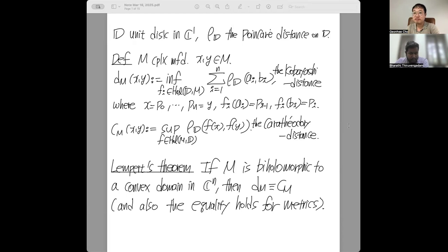I have the work on Anderson Lempert, so that I can present. It's completely fine. Still, it's related to several complex variables, so I'd like to learn it.